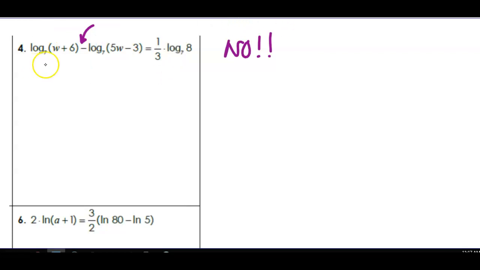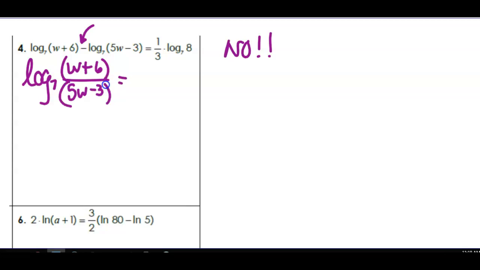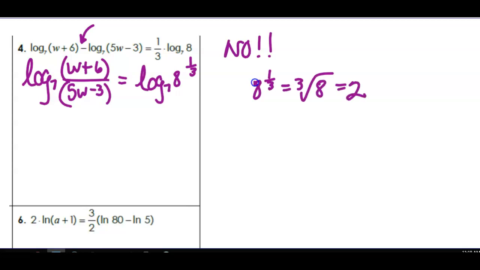So we're going to go back and rewrite this as log base 7 of w plus 6 divided by 5w minus 3 equals log base 7 of 8 to the 1/3 power, which is the cubed root of 8, which is 2. So then I end up, I have a single log equals a single log, so I have w plus 6 over 5w minus 3 equals 2.